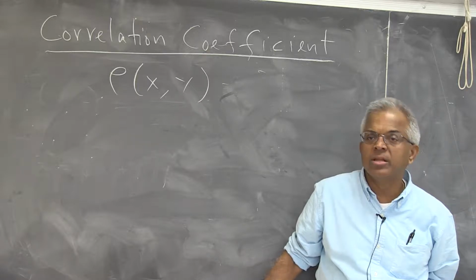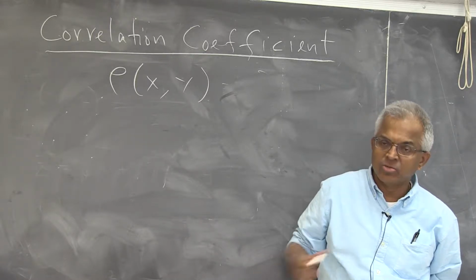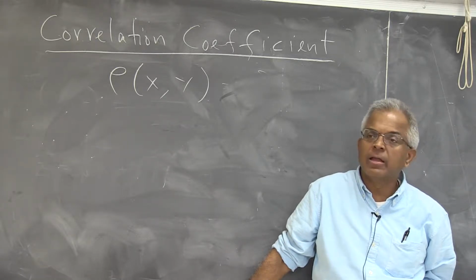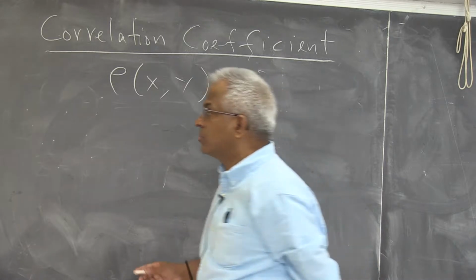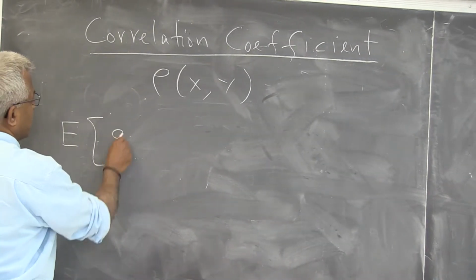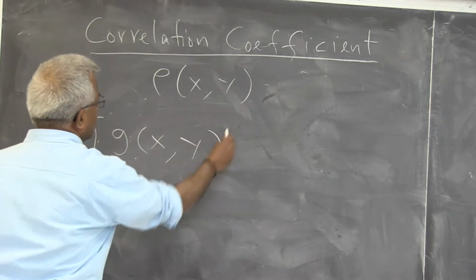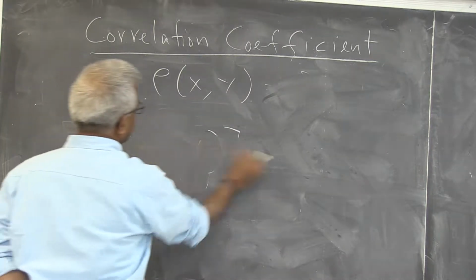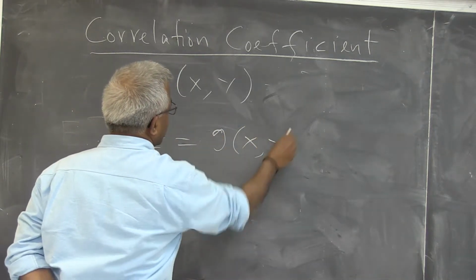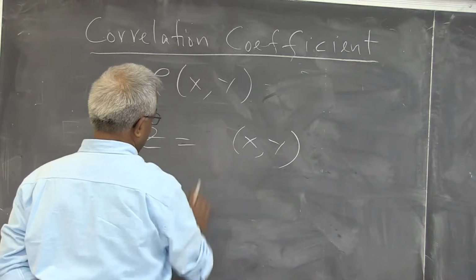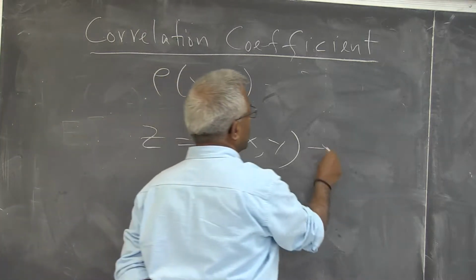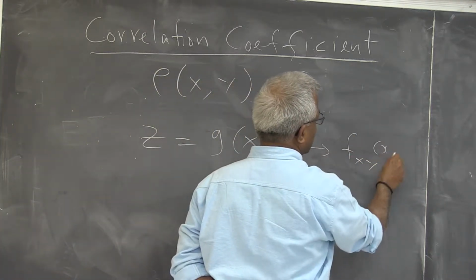Remember, mean is an average value, then variance gave you a measure of dispersion, and other higher order moments, etc. So here the natural extension would be: you define a function z to be g of x, y, and of course on this side you have the joint density function of x and y.